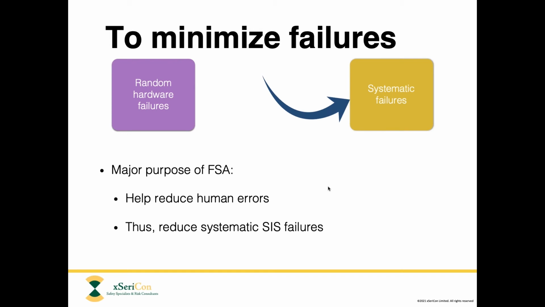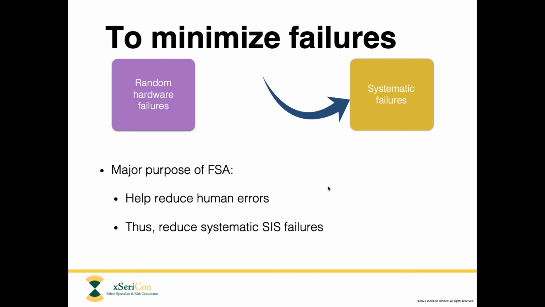Now, these are failures that are in some way built into the design or the operation of the system, which nearly always arises from some kind of human error, either at the design phase or construction or commissioning or operation phase, or even in the risk assessment, risk analysis phase. And eventually, when the stars all line up and the right kind of circumstances arise, it can lead to a failure of the system so that it can't provide the required risk reduction.